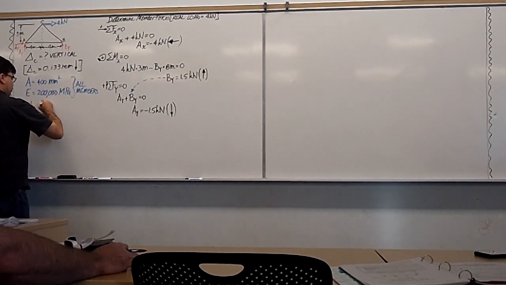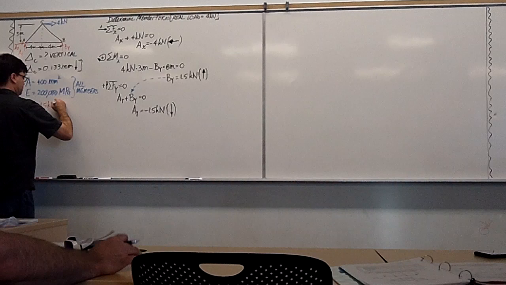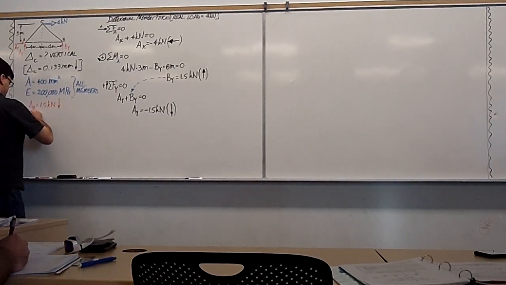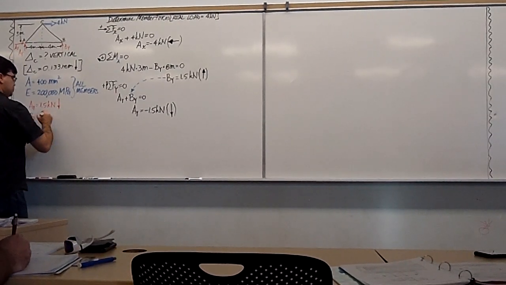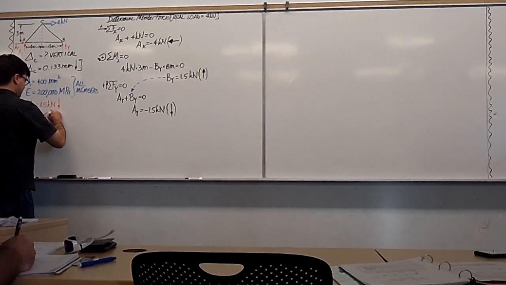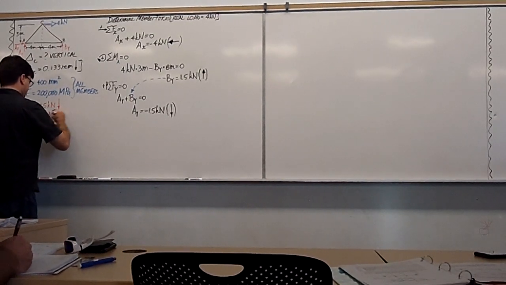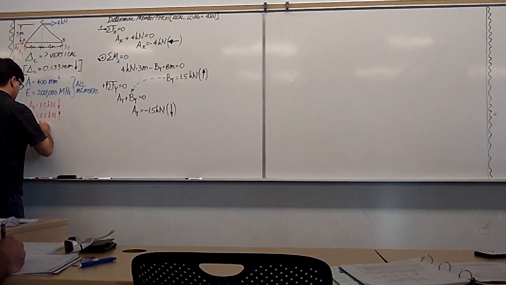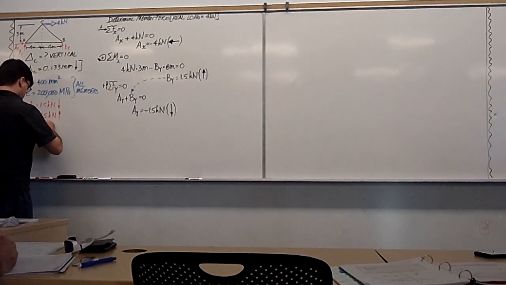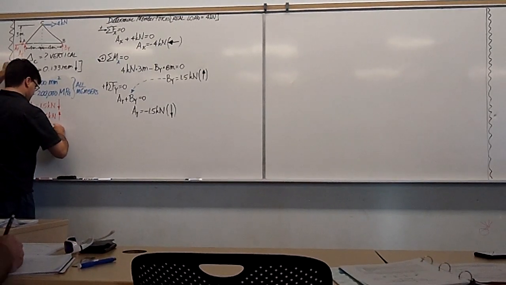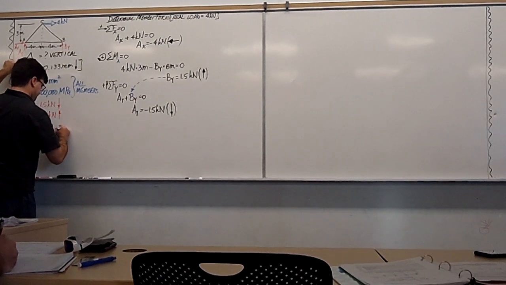So I'm just going to summarize these answers over here. Ay equals 1.5 kilonewtons down. By equals 1.5 kilonewtons up. AX equals 4 kilonewtons going that way.